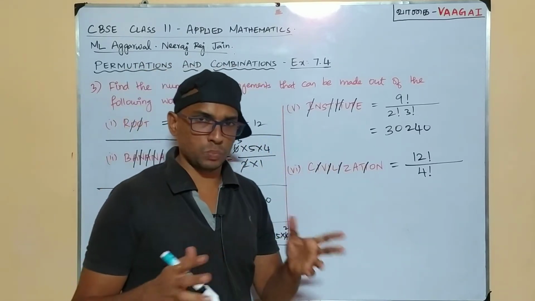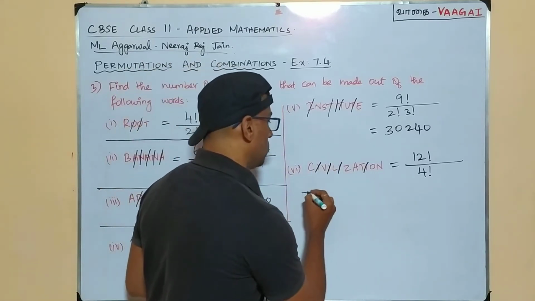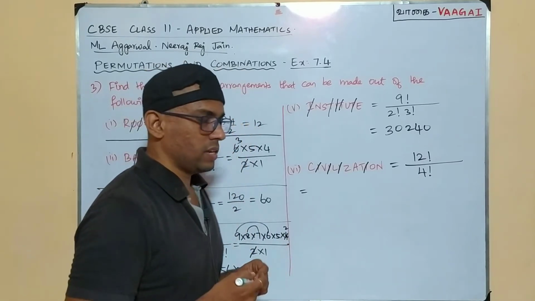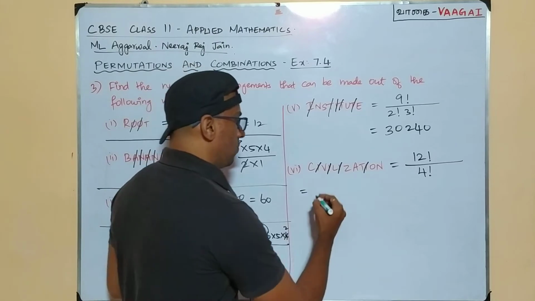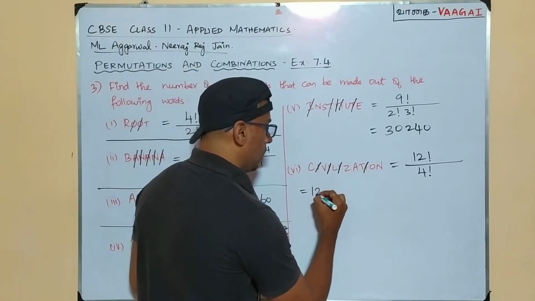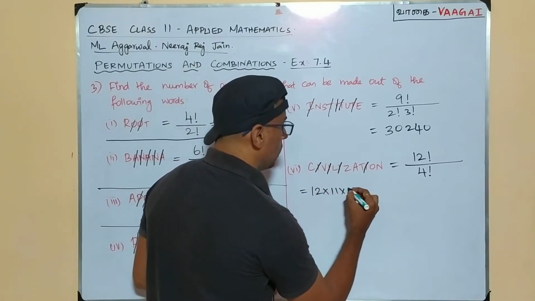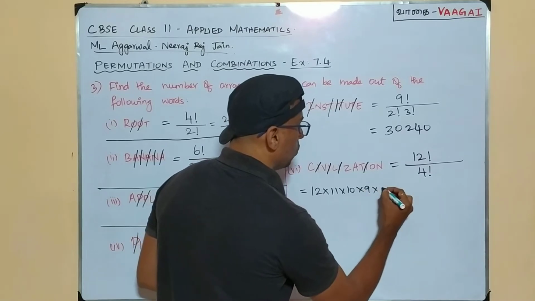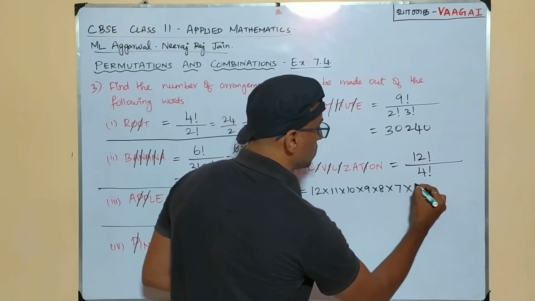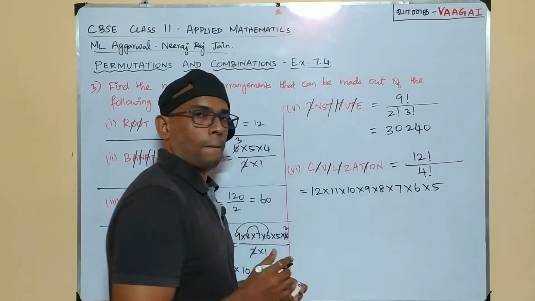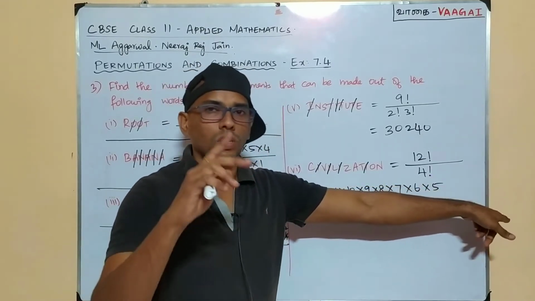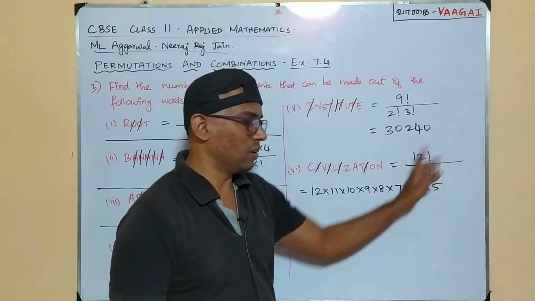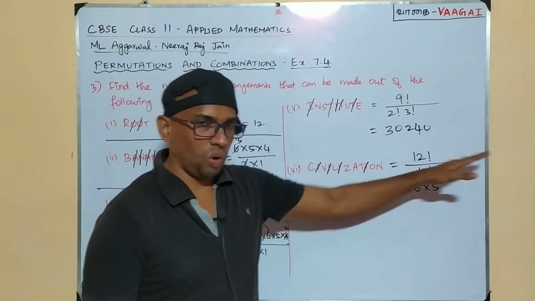And of course we need to expand it to get the final answer. So what can be done here is we can expand the 12 factorial, right? If we expand it, we get 12 into 11 into 10 into 9 into 8 into 7 into 6 into 5 into 4 factorial.